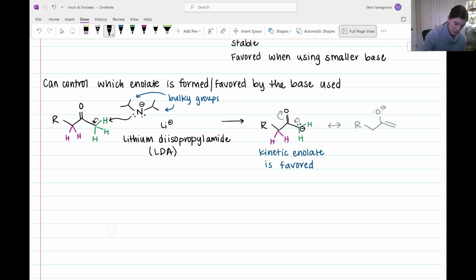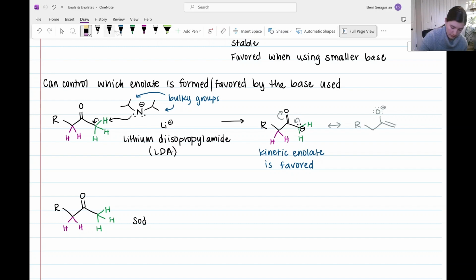Now let's look at a smaller base. So redrawing this asymmetric ketone, I'll emphasize all of the alpha hydrogens again. A small base, one of the smallest bases, or maybe the smallest base, is sodium hydride.